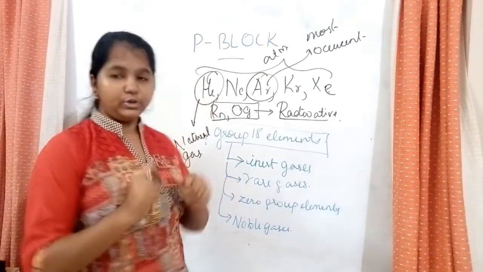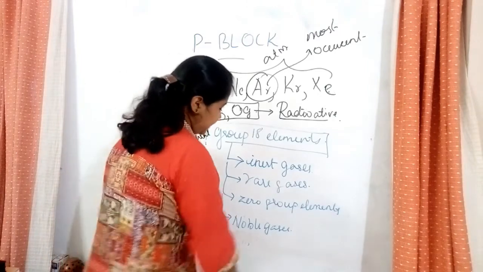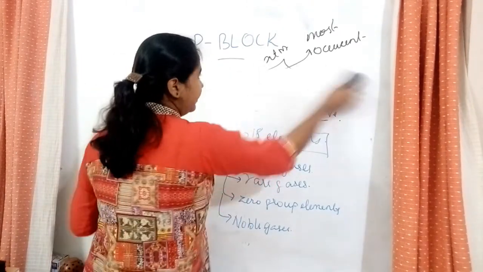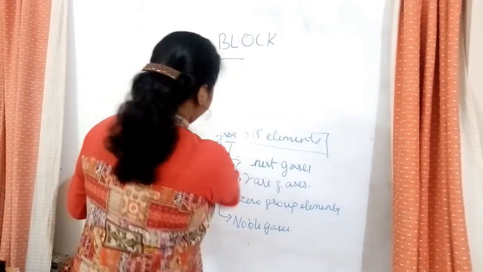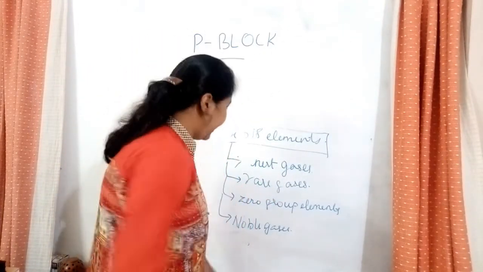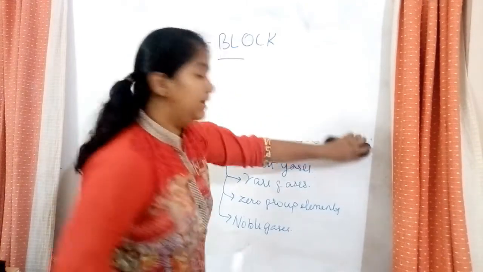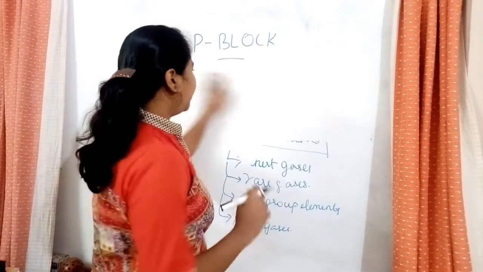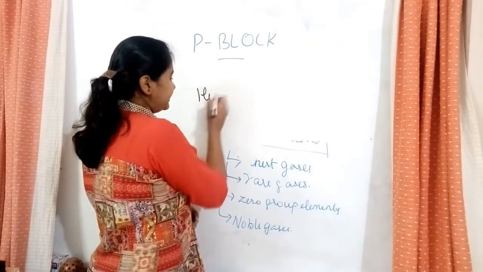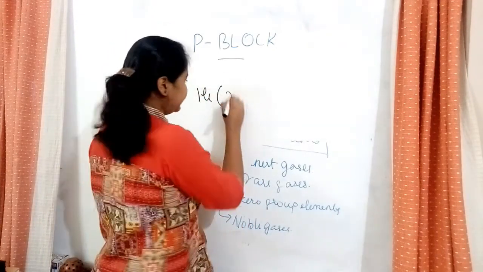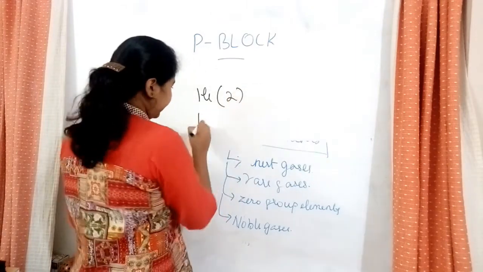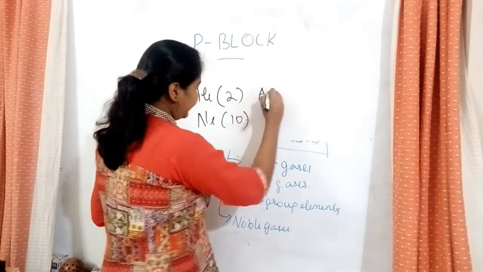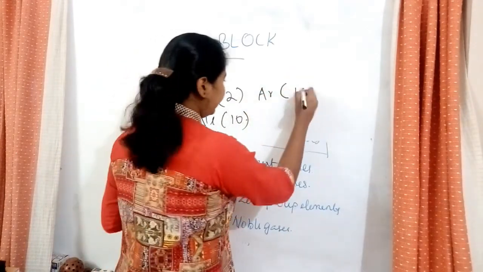One more thing that we have to mention over here is that these elements have their electronic configuration and atomic size. To talk about helium, we know the atomic number is 2. Next one is neon, the atomic number is 10. Then argon, 18.